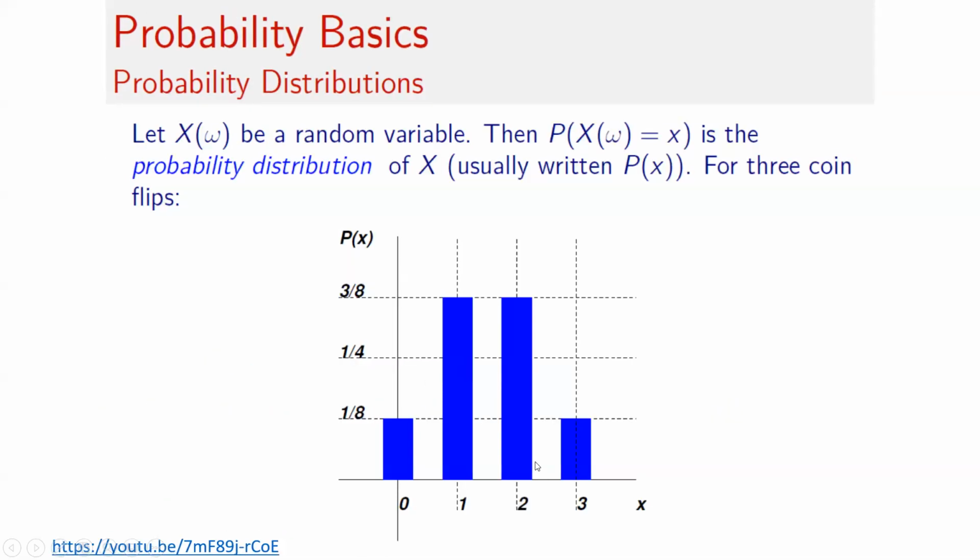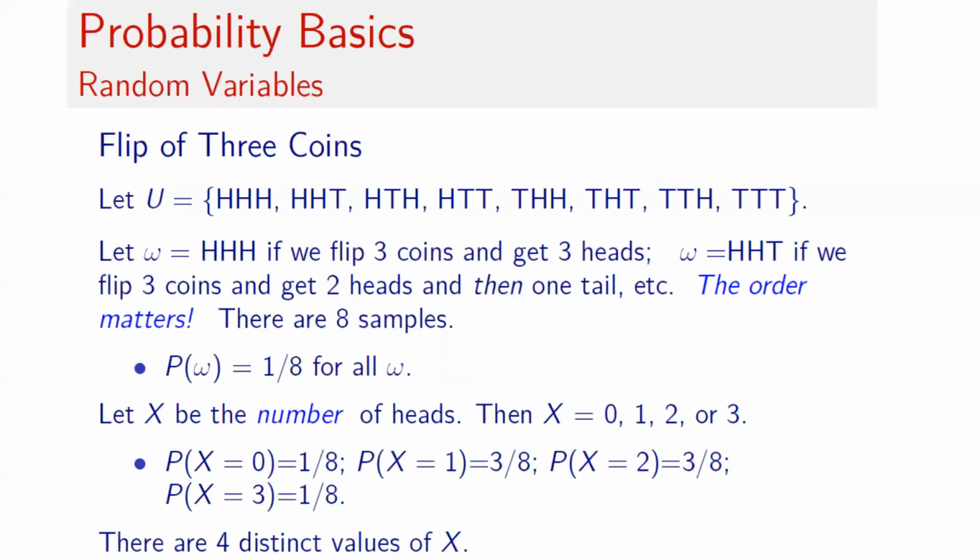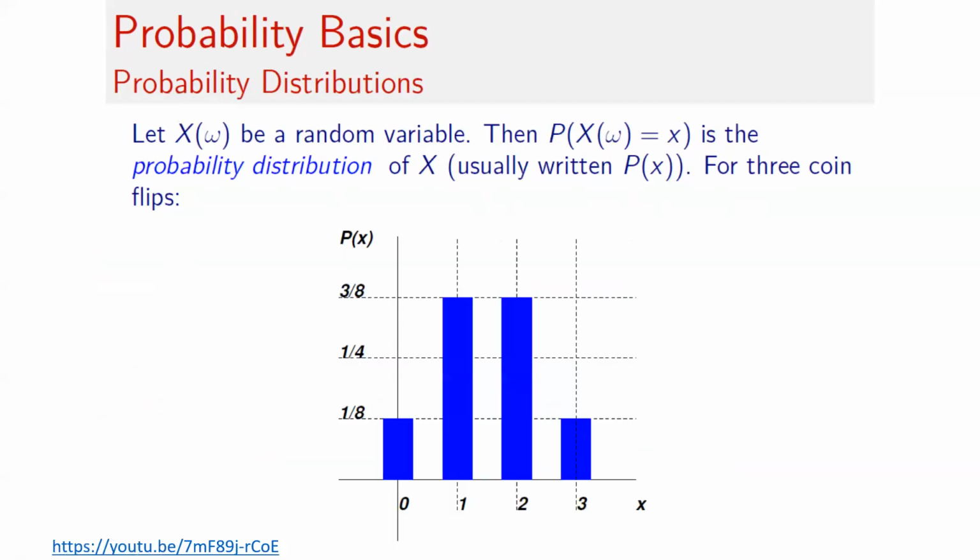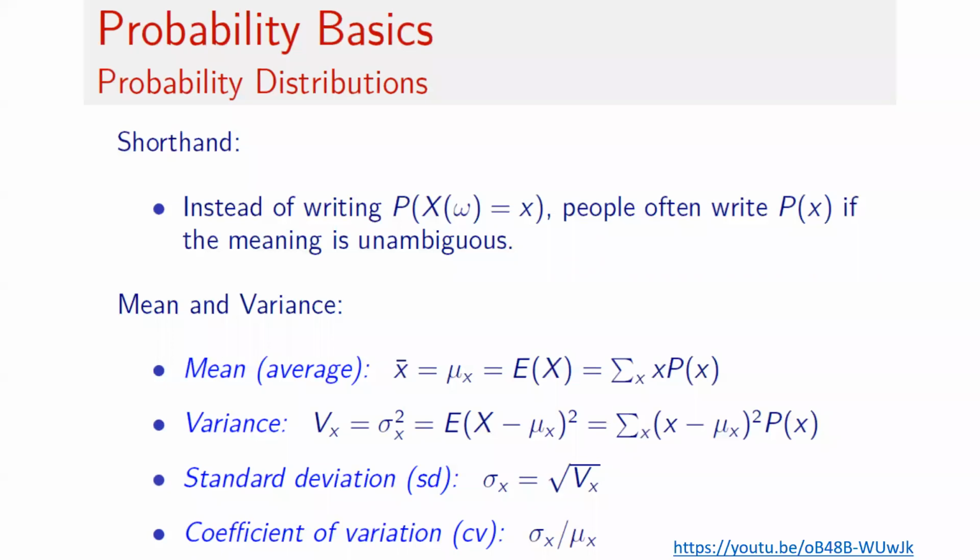So this is the probability distribution for this example. The short way, instead of writing probability of X of omega is equal to x, is that people often write p of lowercase x if the meaning is unambiguous.